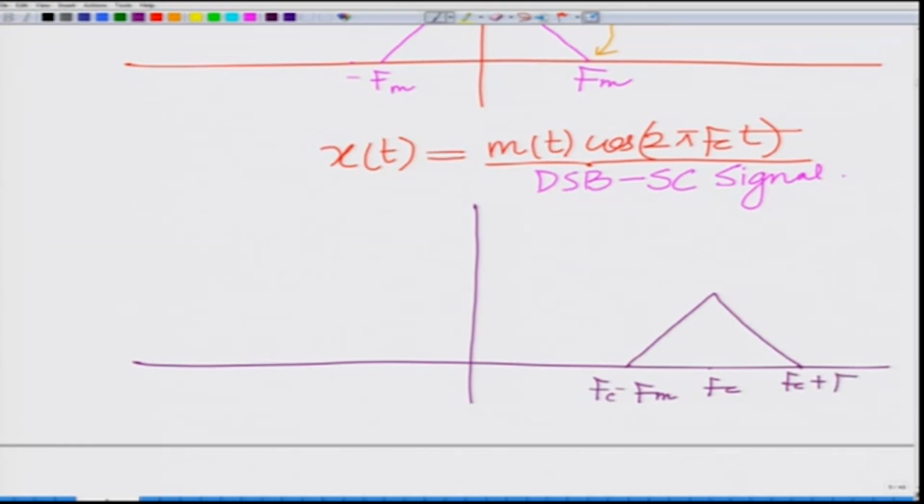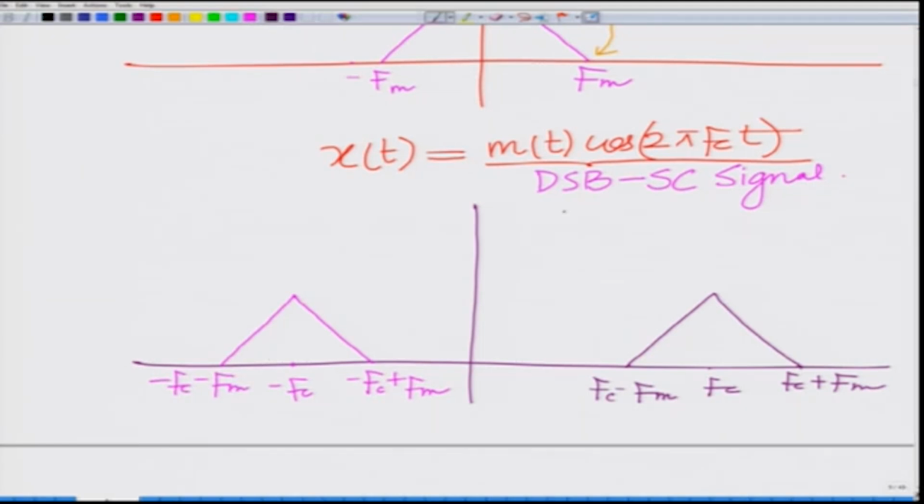So, one band is shifted to fc and another band is shifted to minus fc, that is from minus fc plus fm to minus fc minus fm.